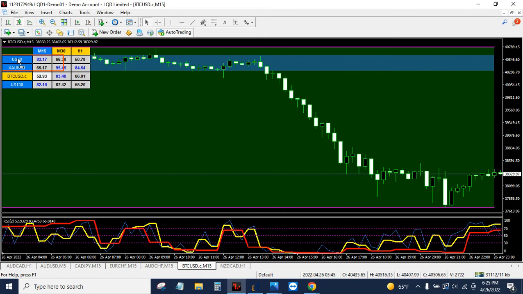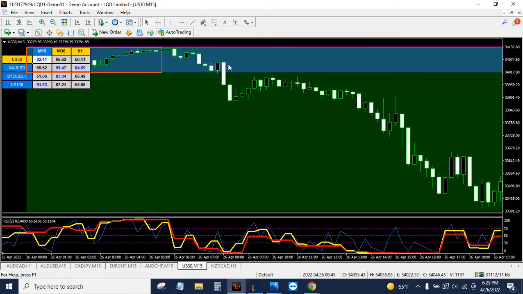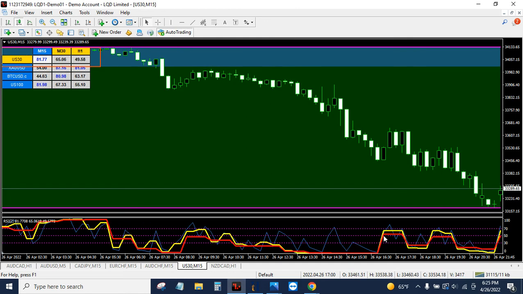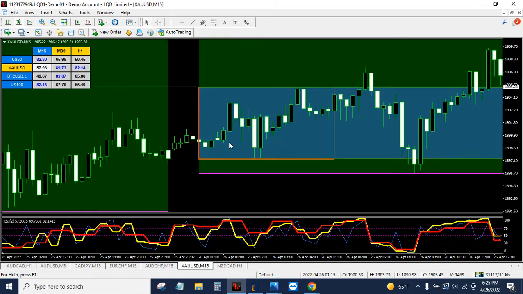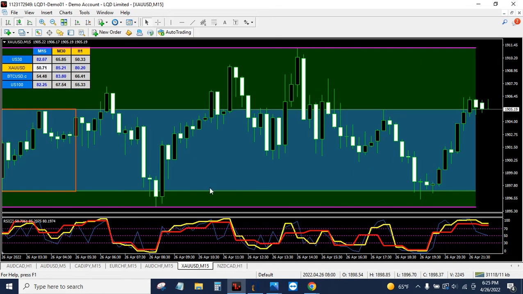So these are the commodities. This is US 30. The same strategy works. The breakout here, it's still short until here, where the short position was exited and the long was opened. So this is gold. Gold was kind of playing around today, but the EA could have opened a long gold here.